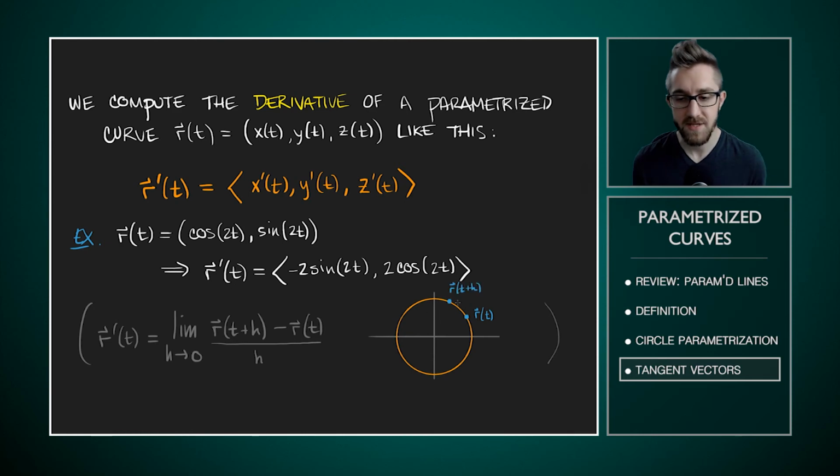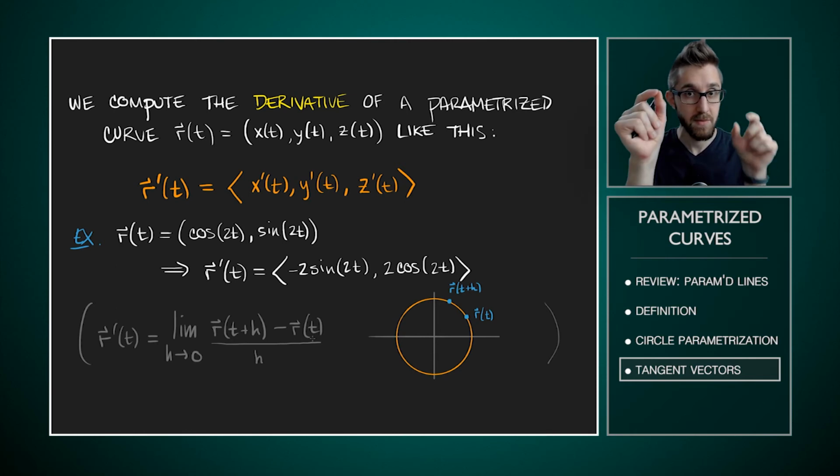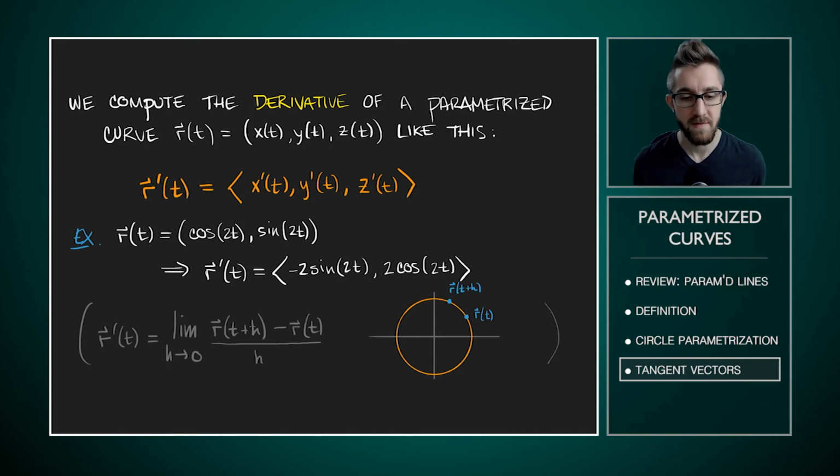Now we're taking these two values, these two points, and we're subtracting them. What does that mean? Well, think back to vectors. Whenever we wanted to find the vector that pointed from one point to another, we subtracted the point at the tip minus the point at the tail of that vector. So the way to visualize this difference in the numerator here is just as the vector that points from r of t to r of t plus h. So that's what's in green here, but that's not the whole thing, because what we're doing then is we're dividing by h.